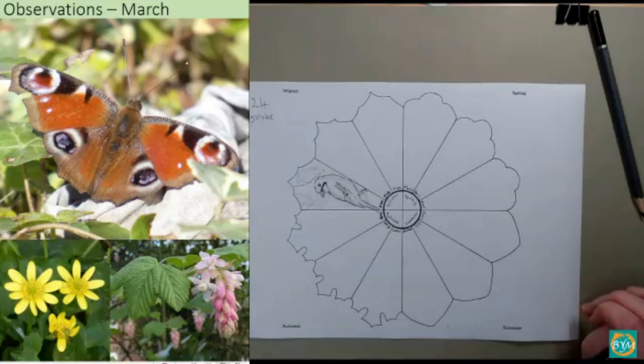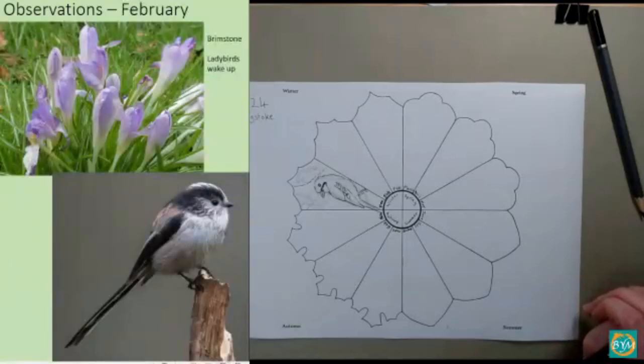So that was my little mystery. And there we've got February, crocuses, and a long-tailed tit. Not my photograph of the long-tailed tit, I had to find a better one. They're not easy birds to photograph. They're lovely, but they're very fast.